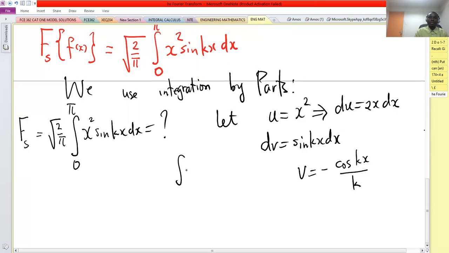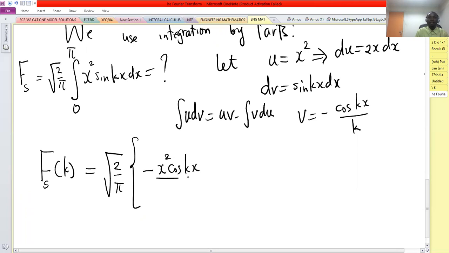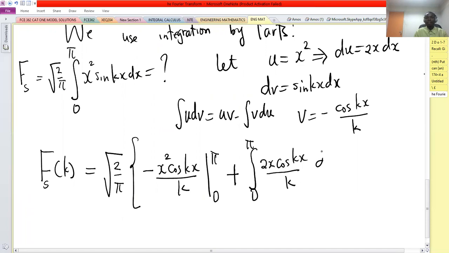Using the integration by parts formula, integral of u dv equals uv minus integral of v du, the sine Fourier transform as a function of k will be square root of 2 over pi times, uv which is minus x squared cosine kx over k, limits 0 to pi, minus v du, but because v is negative, the sign will be plus, the integral from 0 to pi of 2x cosine of kx over k dx.